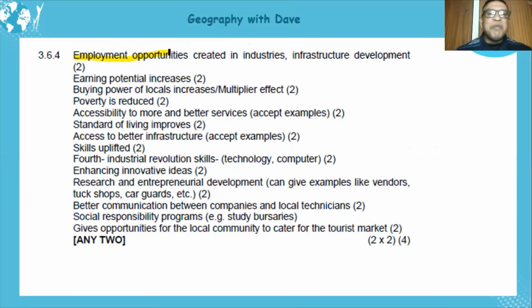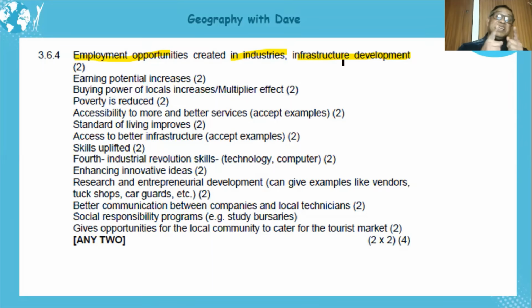See, employment opportunities created in industries and infrastructure development. Once again, we see in some questions, maybe 1 or 2, that the examiner doesn't want comprehensive, but you answer everything comprehensively, right? You understand? 1 or 2 options here. All right. Now you can see employment opportunities created in industries, okay, and infrastructure development.